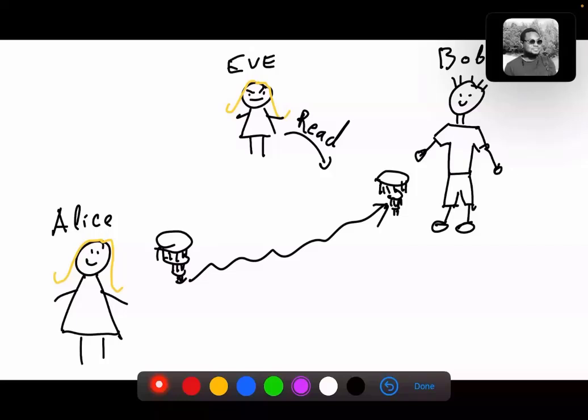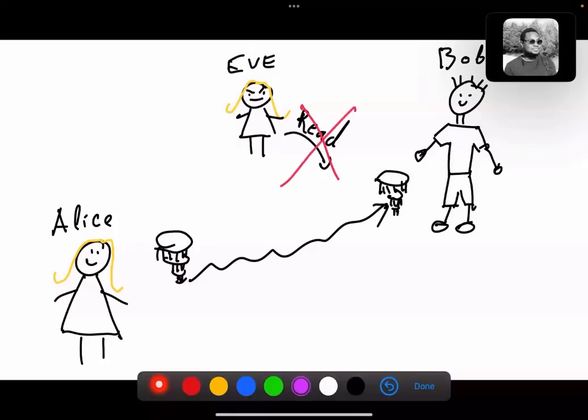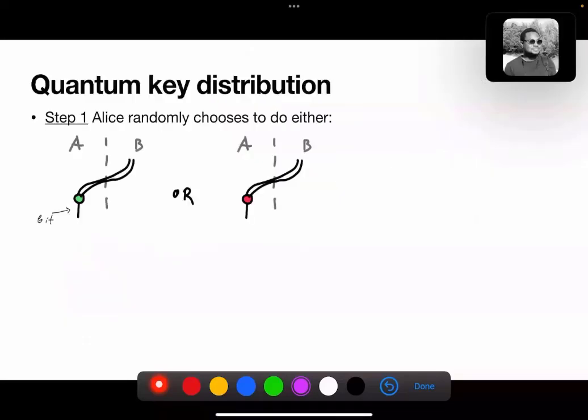If she was, then they know that this line is not secure, and they should not be communicating with this encryption key that they have come up with. So yes, let's look at this in terms of our spiders.